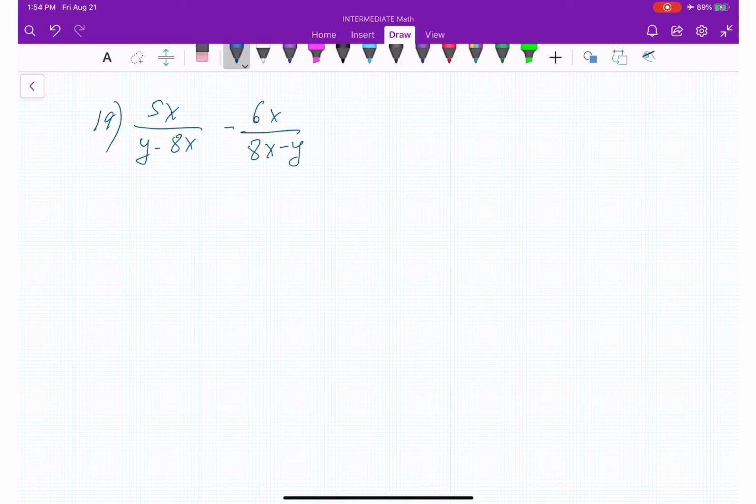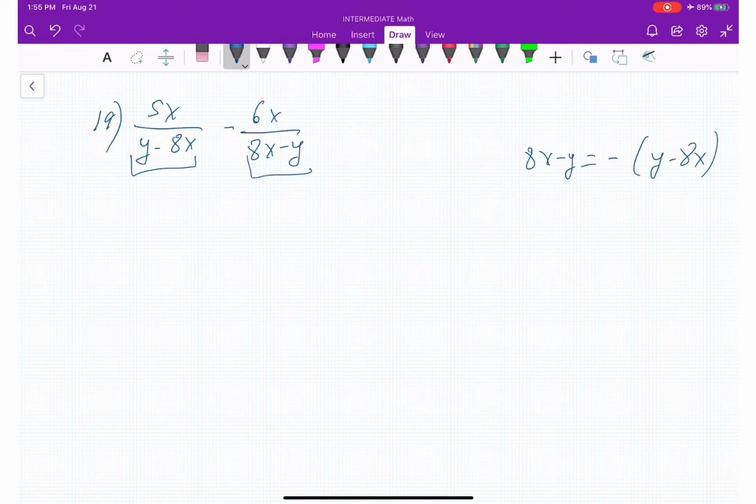Look what we have here, interesting. We have y minus 8x and we have 8x minus y. So I can flip it, remember? Let's say 8x minus y is going to be equal to negative (y minus 8x). And I will have exactly like the first fraction denominator.